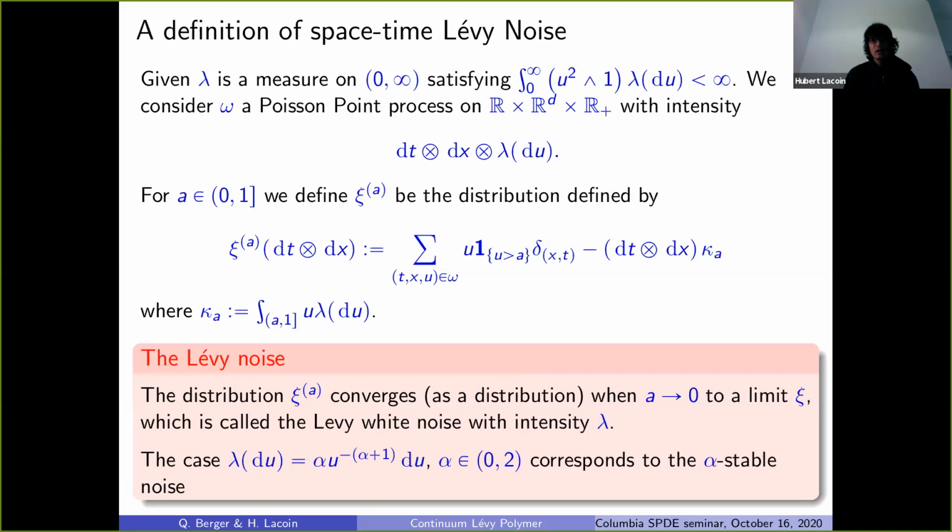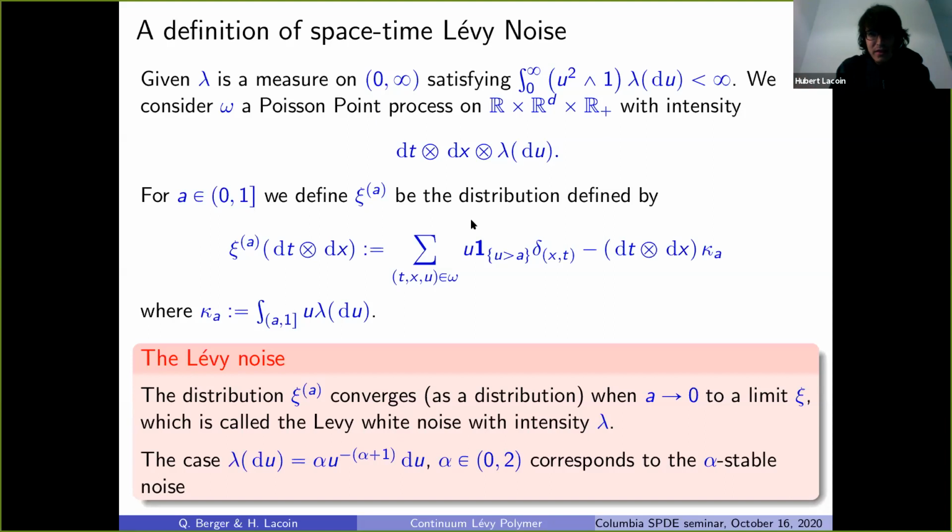This definition is somewhat restrictive. For instance, you can have an additional Gaussian white noise part in a general Levy noise, and you can also have a drift. The drift is not really important. The Gaussian white noise part is a restriction that we chose to make to keep things a bit simpler.